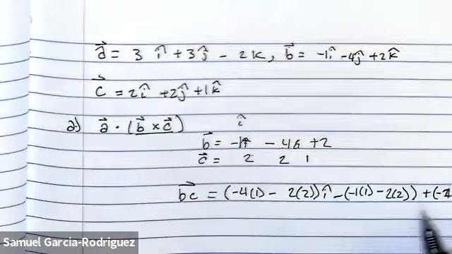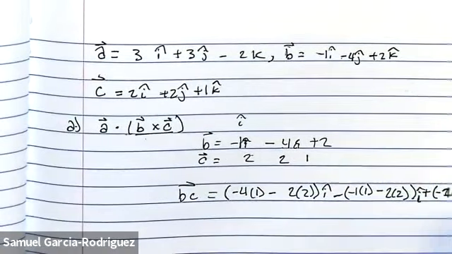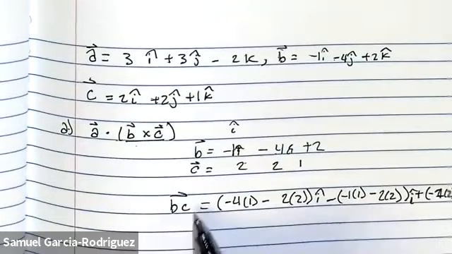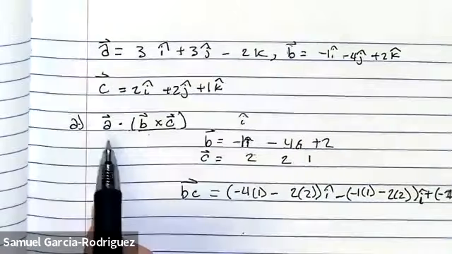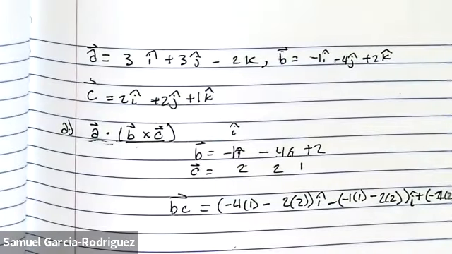So this is going to be your i hat, that's your j hat, and that's your k hat. You're going to do all the algebra, get 3 components i, j, k, and then you're going to dot it with A.